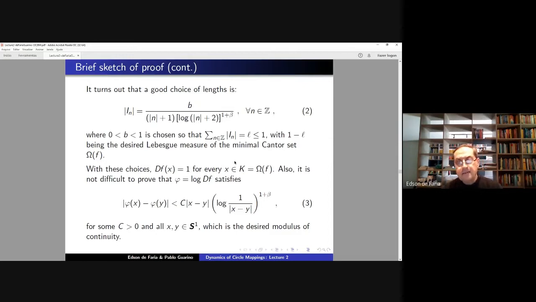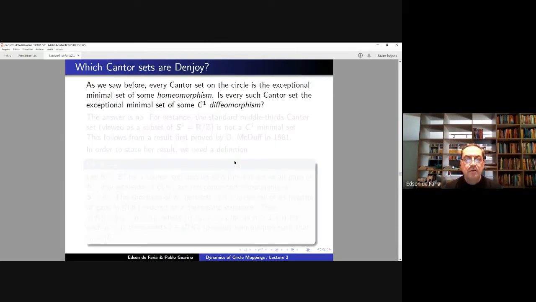It implies that phi is actually delta-Hölder continuous for every delta between 0 and 1. So this is the basic outline of the construction. But of course, there are many details there. But this raises also the question: which Cantor sets can be made into exceptional minimal sets for C1 diffeomorphisms of the circle?